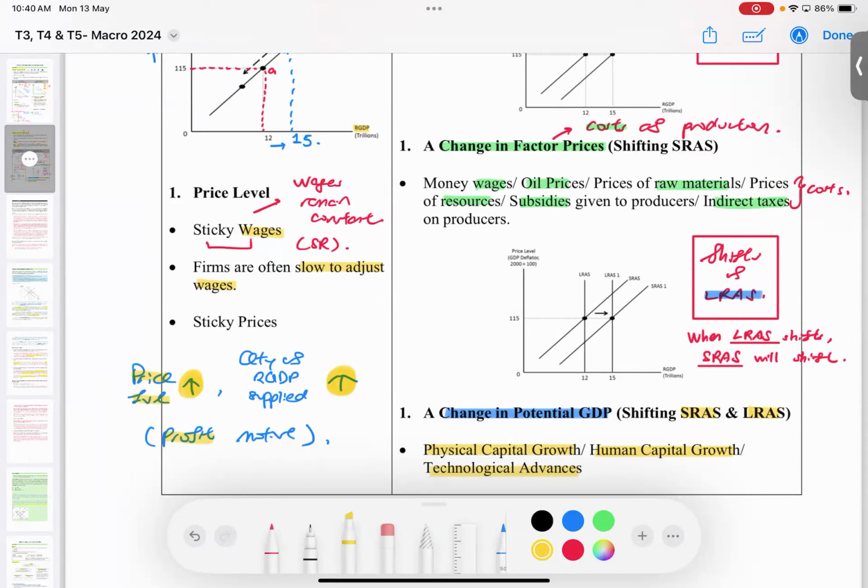Whatever shifts LAS is physical capital growth, human capital growth, and technological advancements. I mentioned these three factors in tutorial 1, when we learned the ways to achieve long-term economic growth, right?